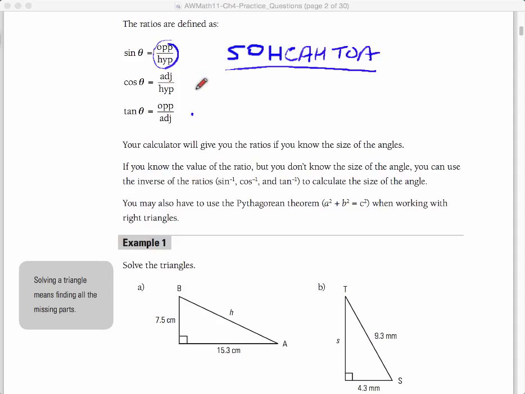And so if you want to know the value of tan theta, you just put the opposite side and divide it by the adjacent side, and you have your value for tan theta. Now that's not the angle, but that's tan theta. And all these can be expressed as ratios. So let's go to example 1.